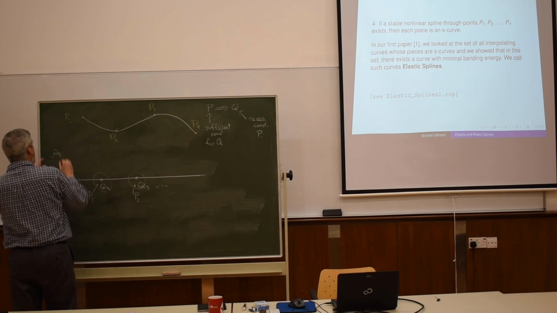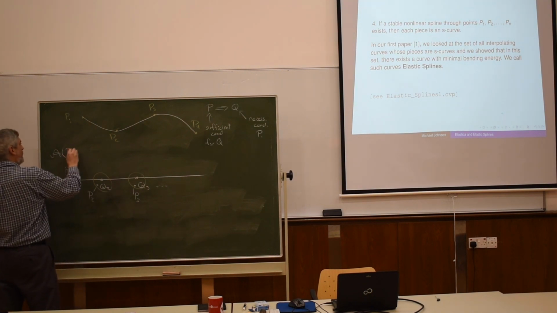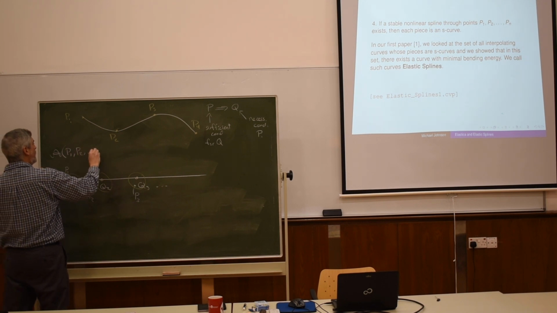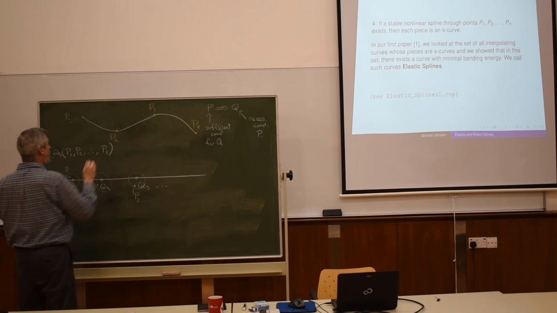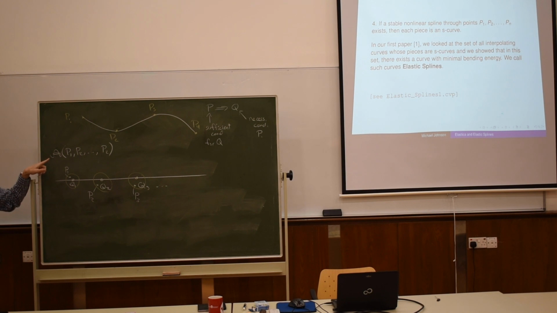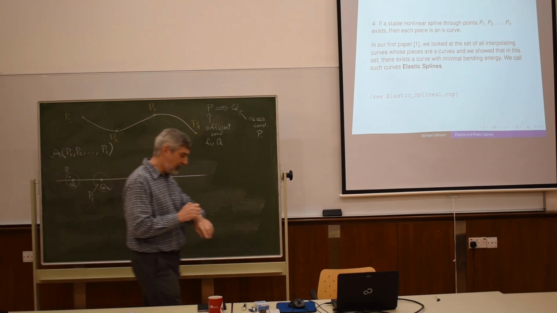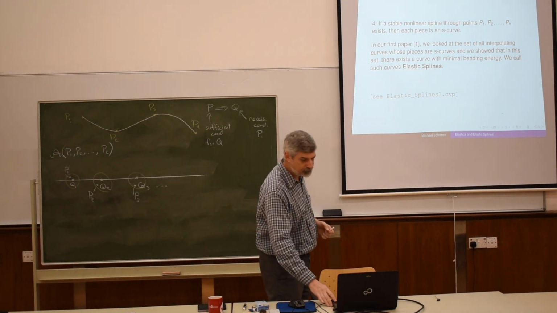A stands for admissibles, P1, P2 to Pn. So this is all interpolating curves where each piece is an S-curve. And it has a curve with minimal bending energy. So it's not that it's locally minimal, it has a global minimizer. And we call that an elastic spline.